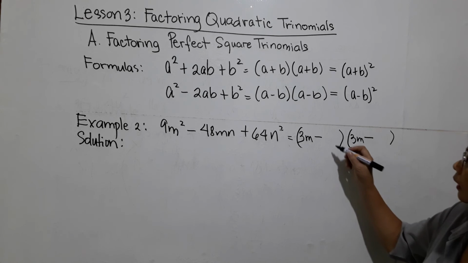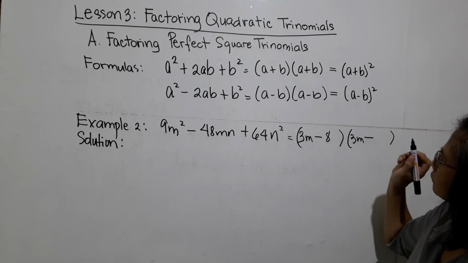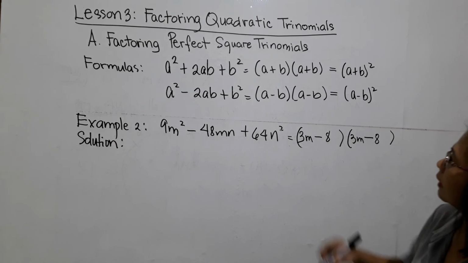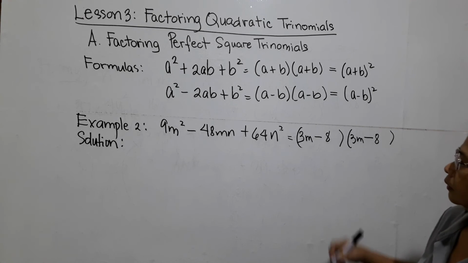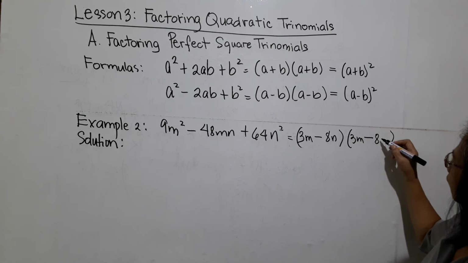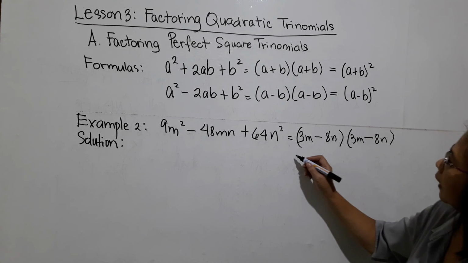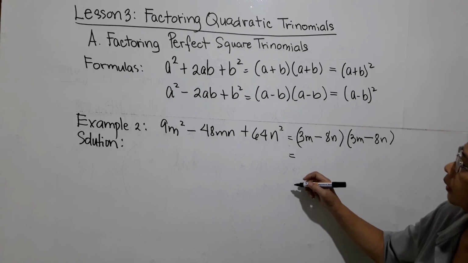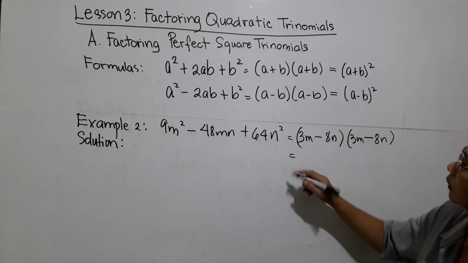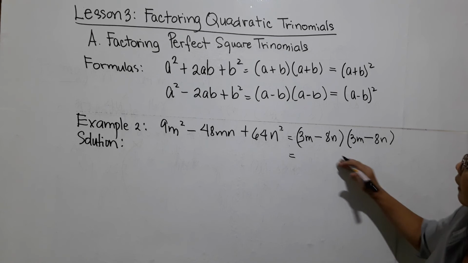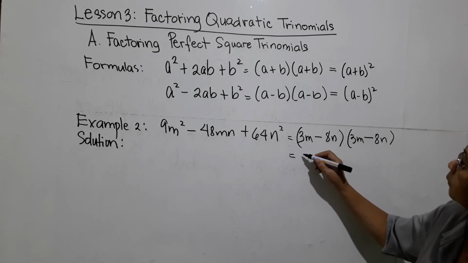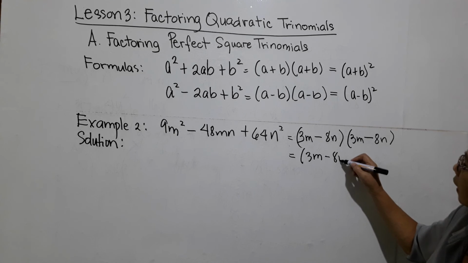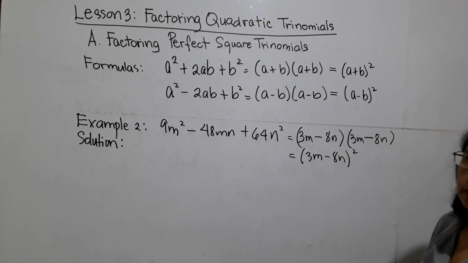It is 8. So 8 here also. The square root of n squared should be n, and we have n. I can also further write the factors in exponential form such that 3m minus 8n squared.